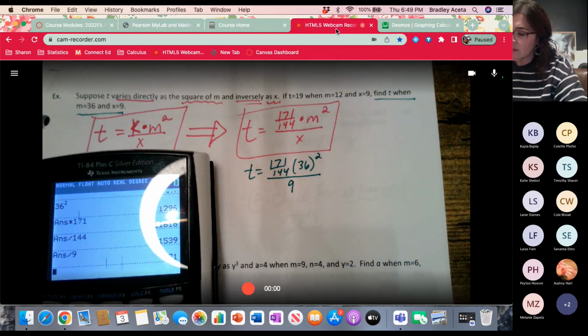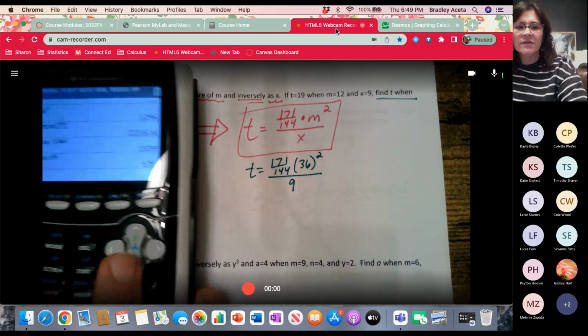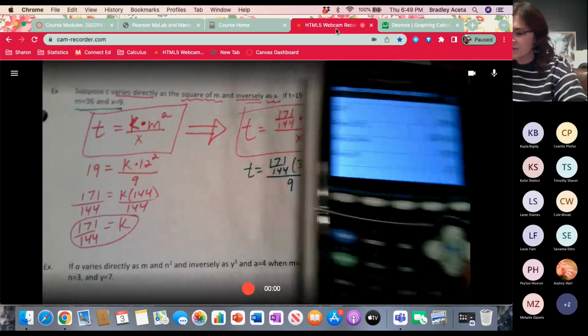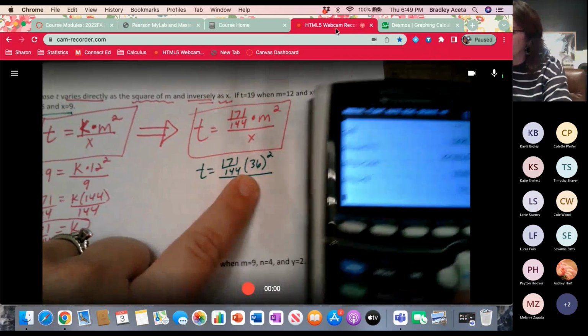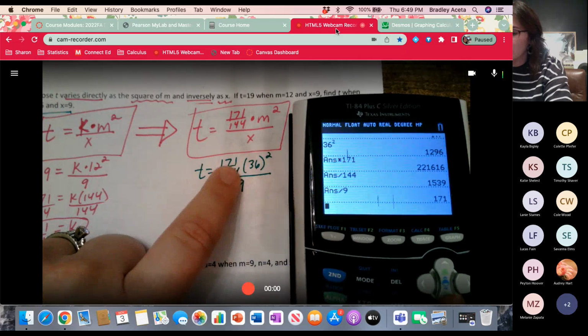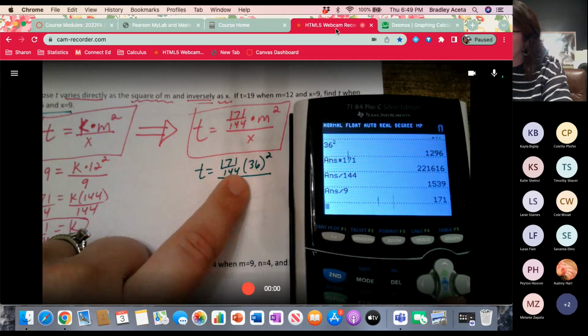Divide that by 9. I did hit it wrong. There we go. See, even I didn't do my order of operations correctly. Sorry for the glare. 36 squared, my bad, was 1296. And I'm going to multiply it by 171. Then I'm going to divide that by 144. And that's what I did wrong.